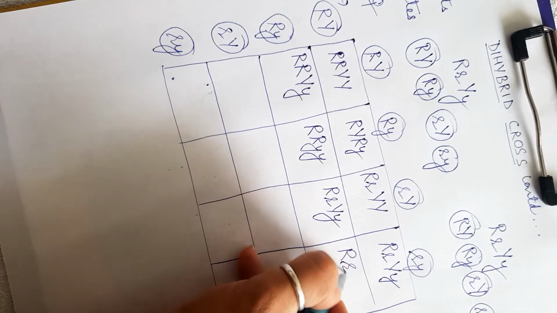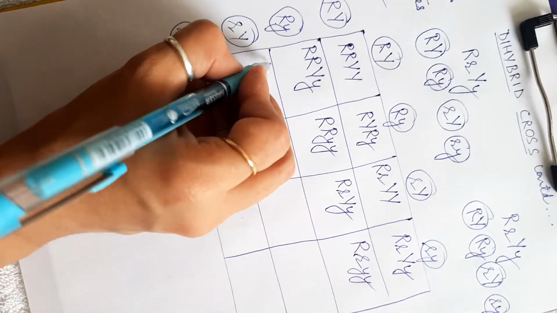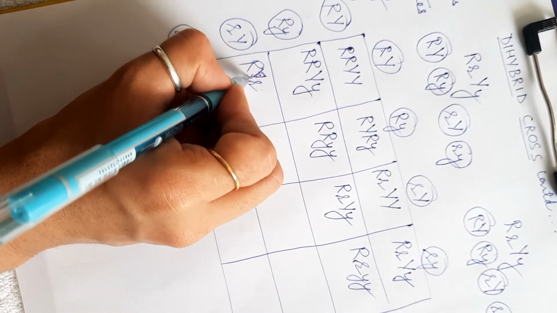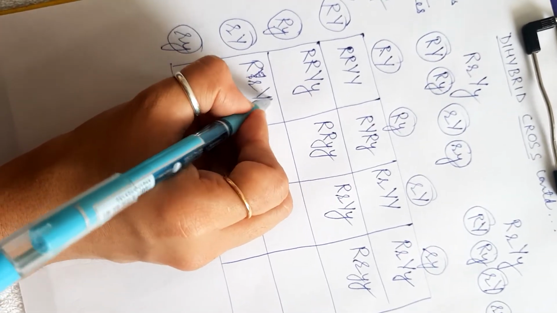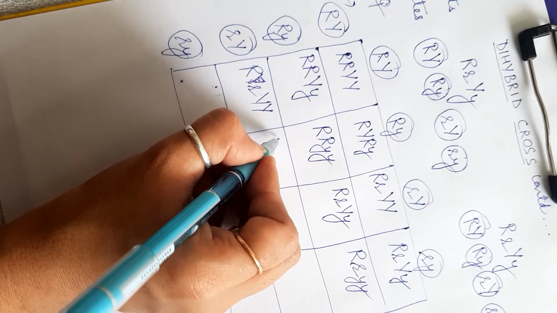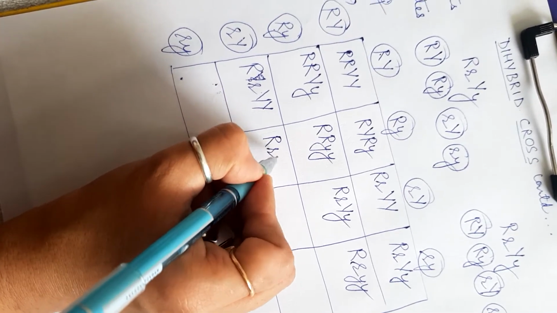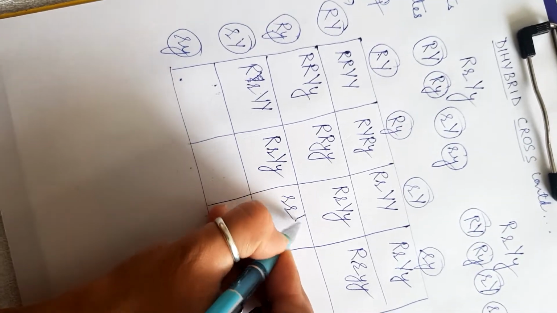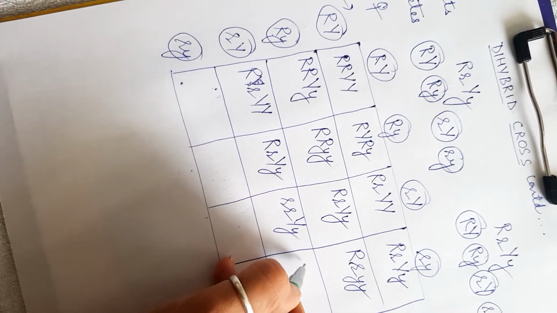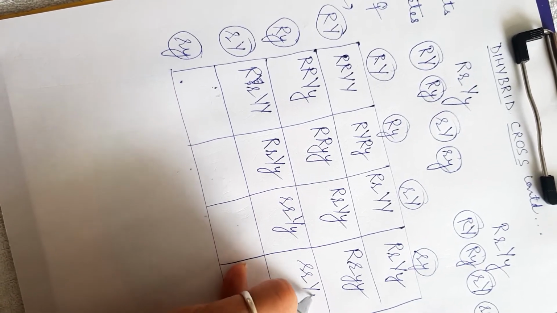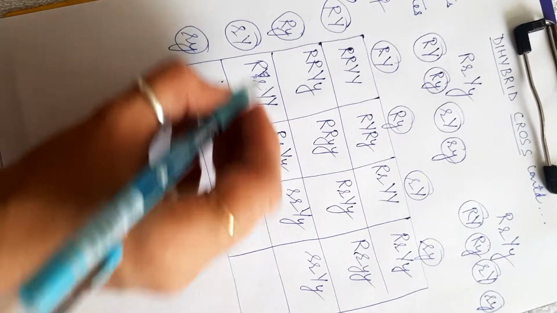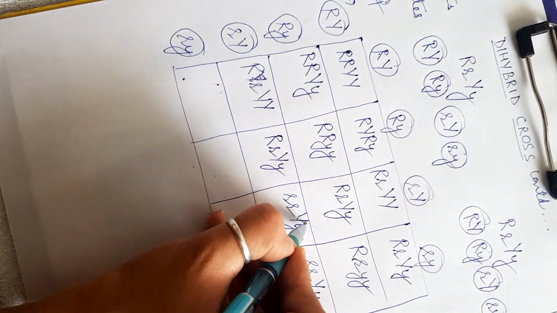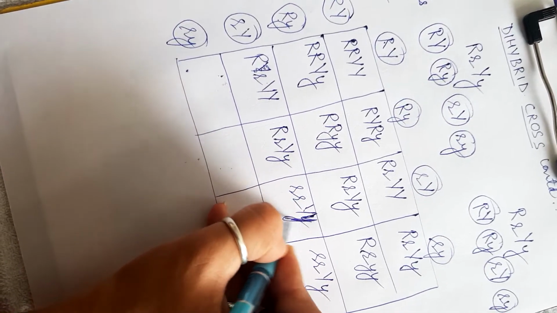Continuing to fill in the offspring, I have written one wrong here. This is capital Y and a capital Y is here.